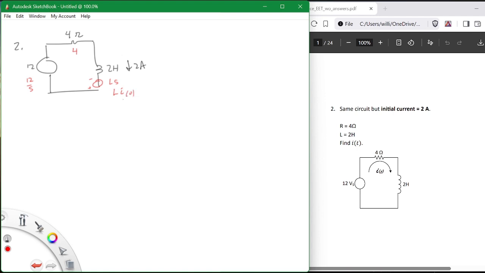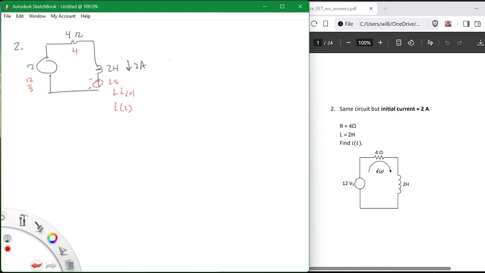It's a voltage supply. So L times I of 0, where I of 0 is 2, so L times 2.